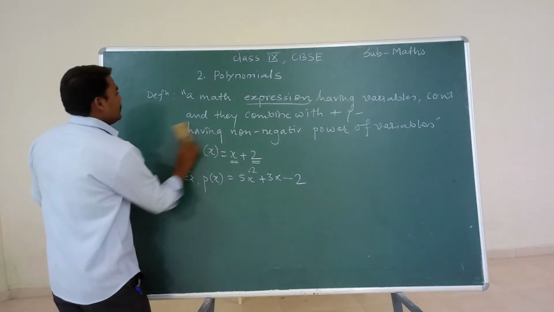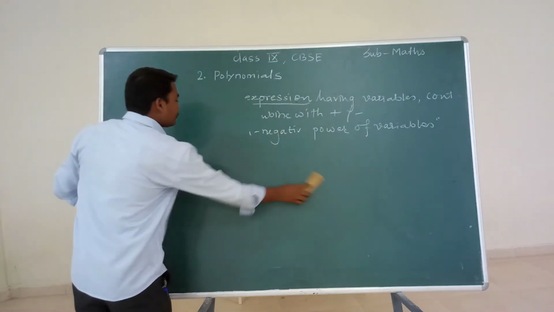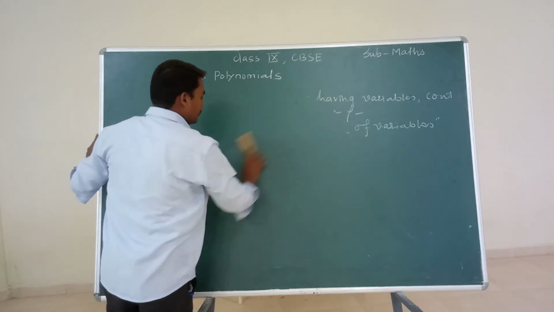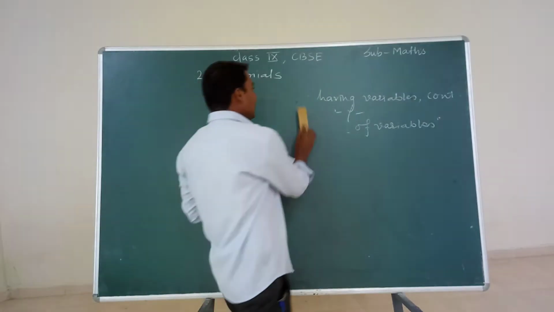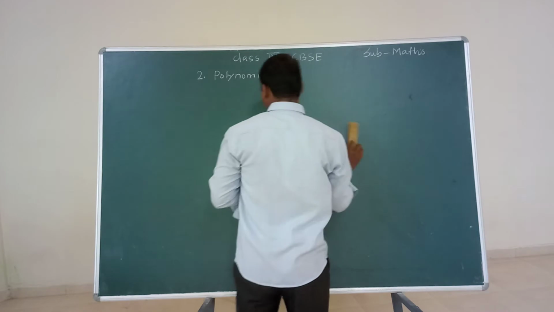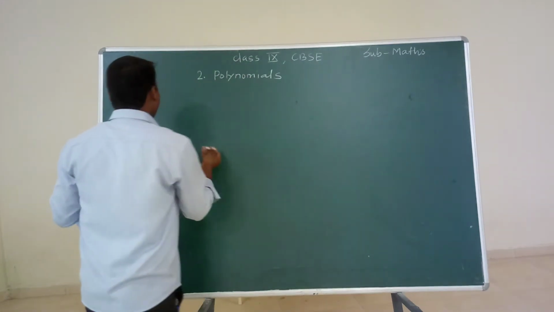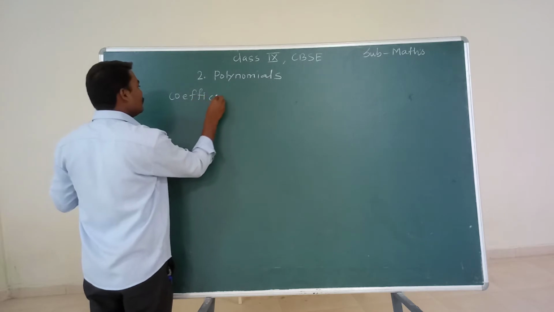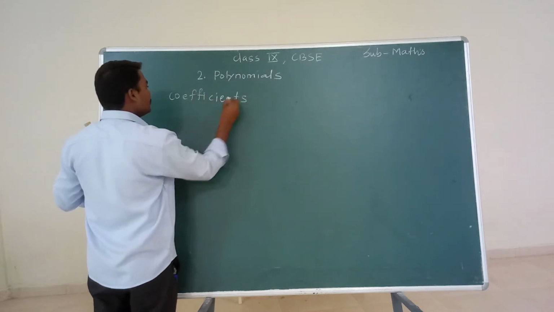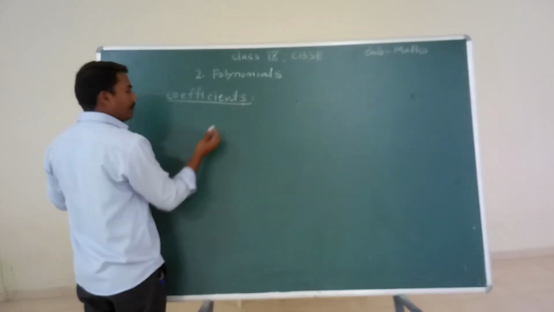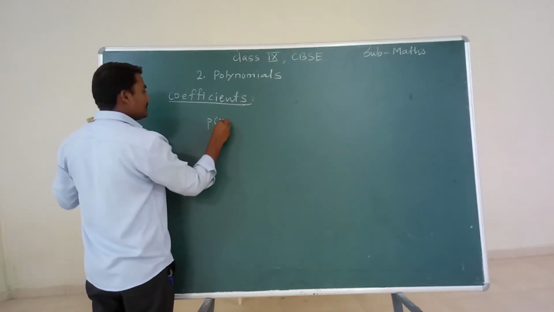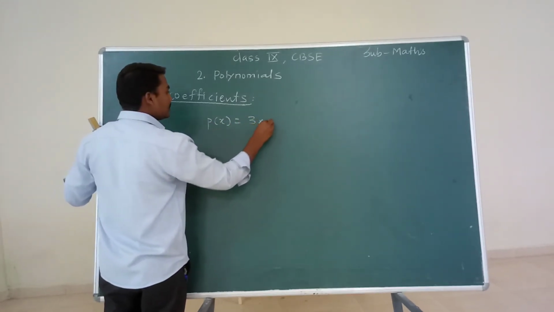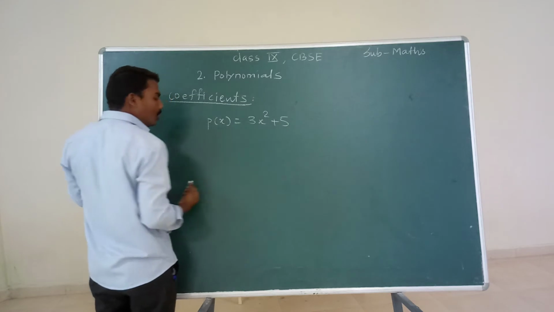Now next we have to see some factors related to the polynomial. Now first is coefficients. Coefficients means what? Coefficients of a polynomial. Suppose p of x is equal to 3x square plus 5. It is one polynomial.